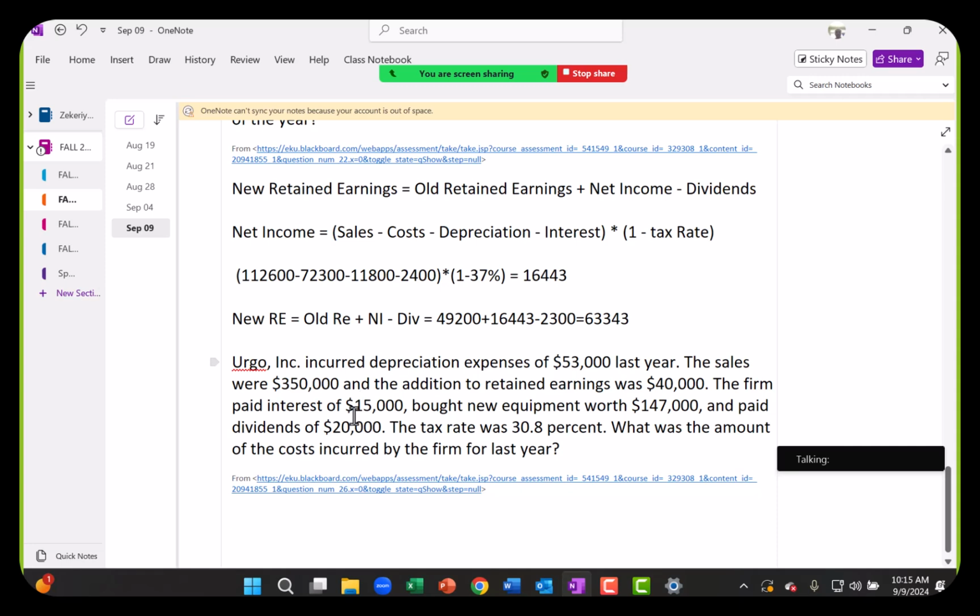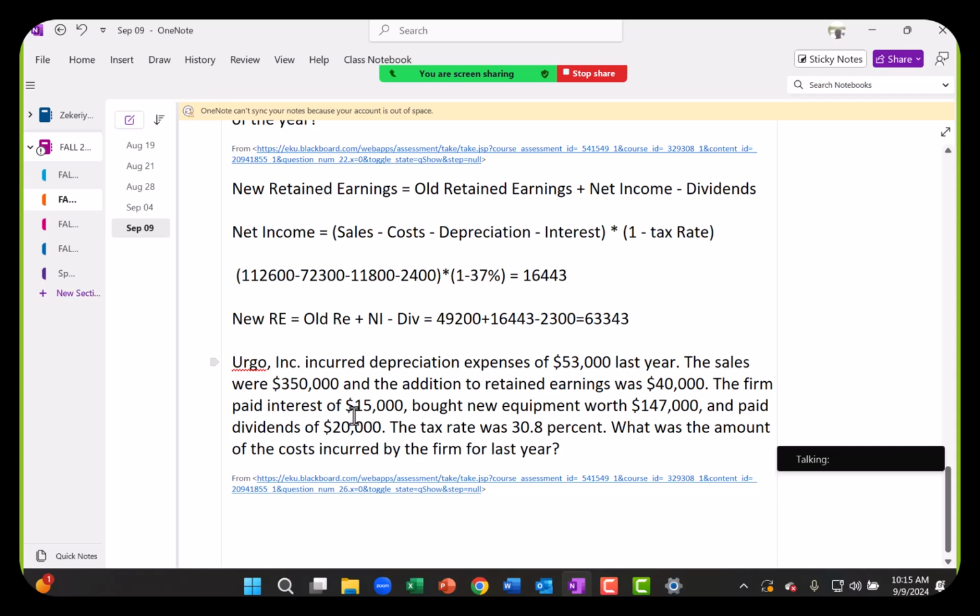You know the depreciation, sales, change in retained earnings. You know how much they paid in interest. They bought new equipment worth 147, paid dividends. Tax rate was 30.8. What was the amount of costs? Okay.